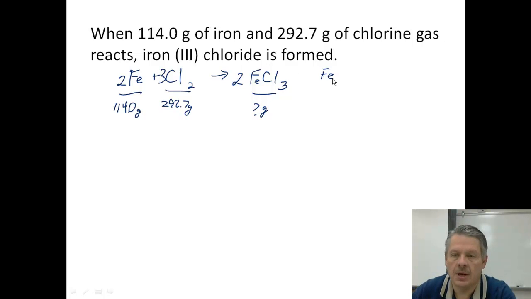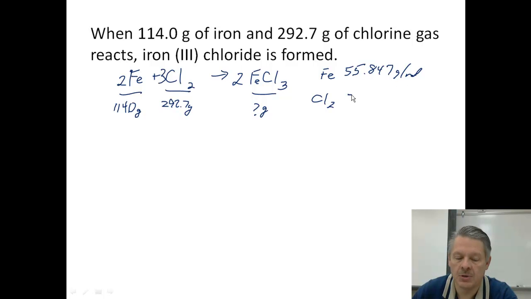So iron is 55.847 grams per mole, and Cl2, that's chlorine, which is 35.453 times 2, which is going to be 70.906 grams per mole.